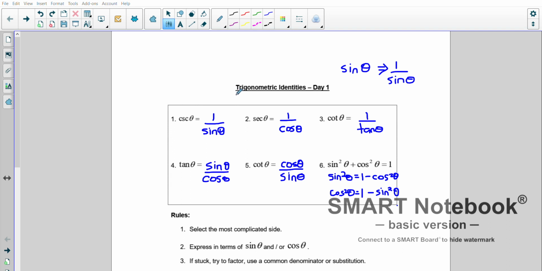First thing I'm going to do is put everything in terms of sine and cos. So tan x is the same thing as sine x over cos x. Okay, so you get 1 over cos x.